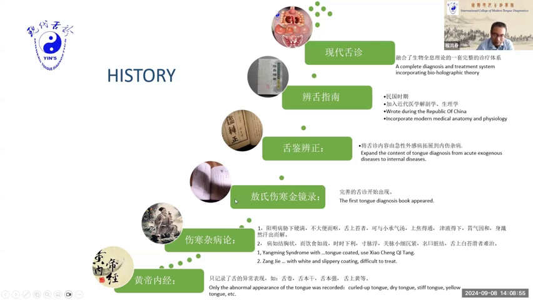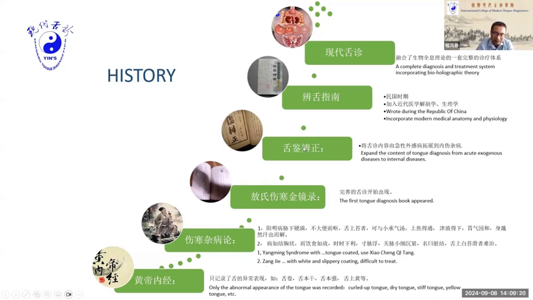In this book, about 40 tongue signs are recorded, and each sign has an analysis of the pathology, the treatment principle and the prescription.